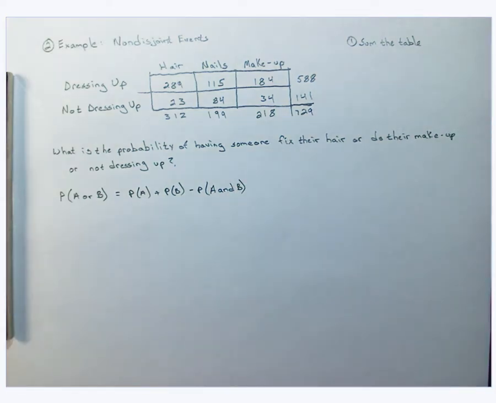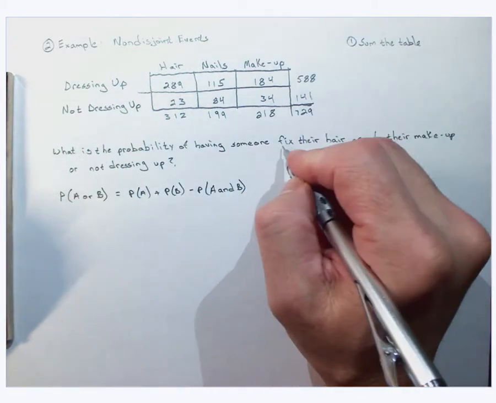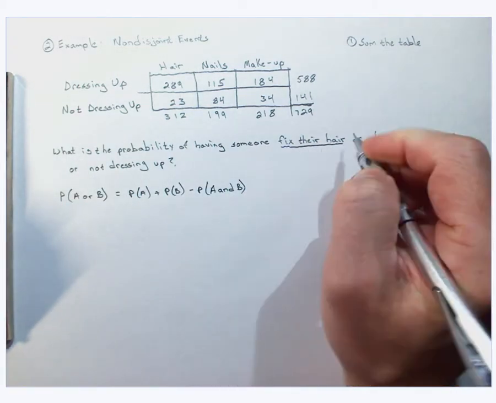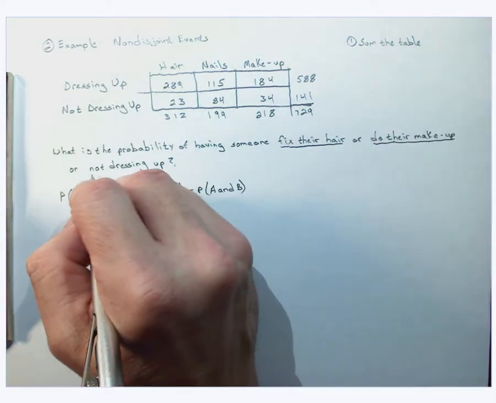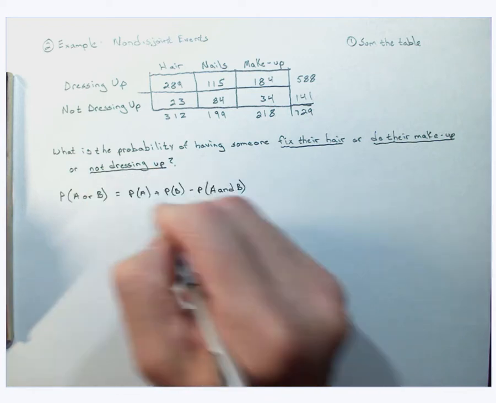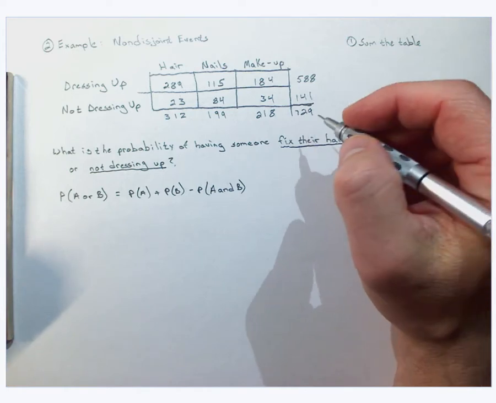But if we look at what we're asked to find, what is the probability of having someone fix their hair or do their makeup or not dress up? I have three things in here. My initial equation shows only two. So I'm going to rewrite my formula, but I want to make sure that I use some different labels.